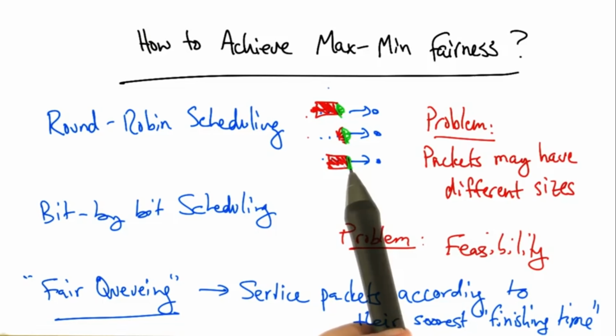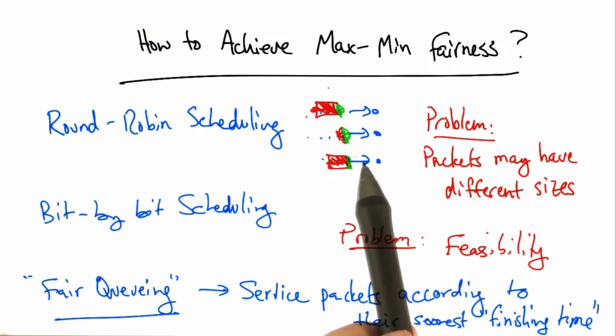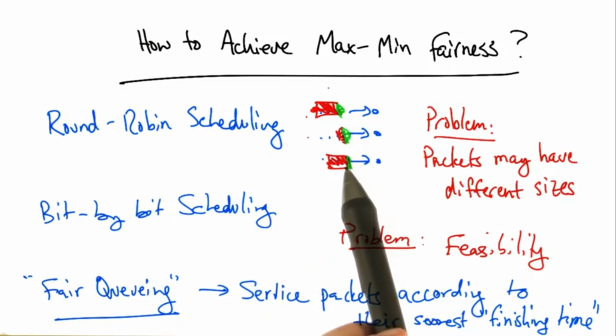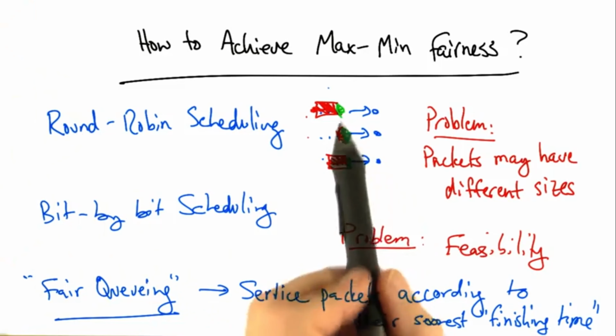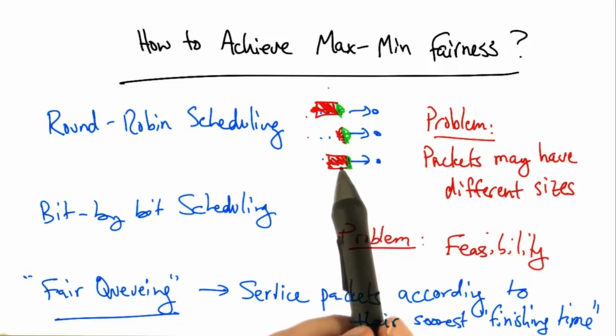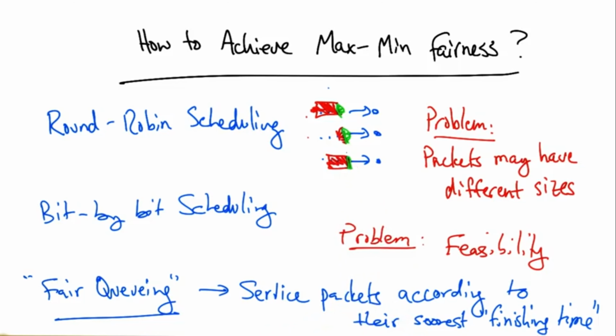A fair queuing algorithm computes the virtual finishing time of all candidate packets, which are the packets at the head of all non-empty flow queues. Based on these virtual finishing times, fair queuing compares the finishing times of each queue and services the queue with the minimum finishing time. So the queue whose packet has the minimum virtual finishing time is serviced.